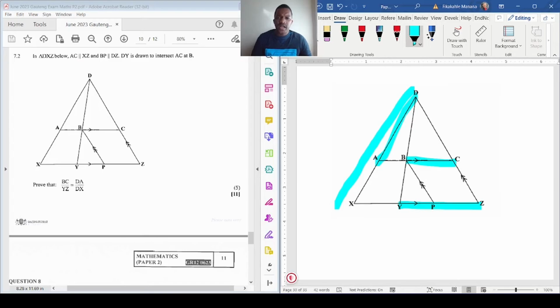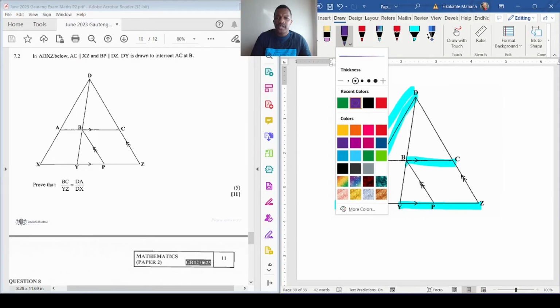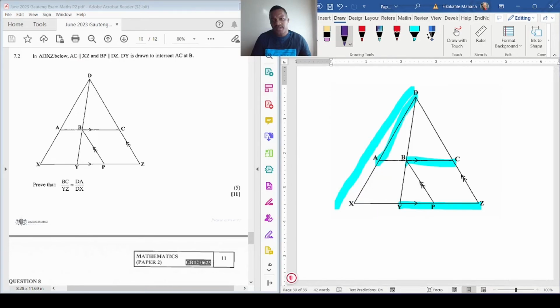Now I can kind of see that, looking at DA over DX, that would be my starting point, because it looks more defined. This one, not so much: BC over YZ.